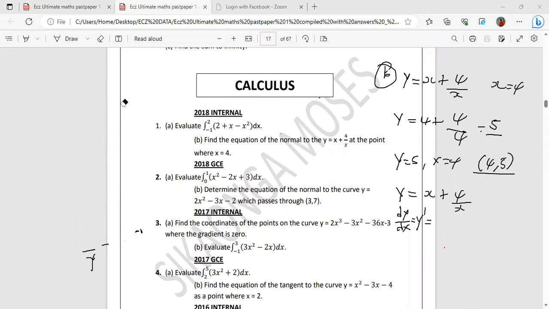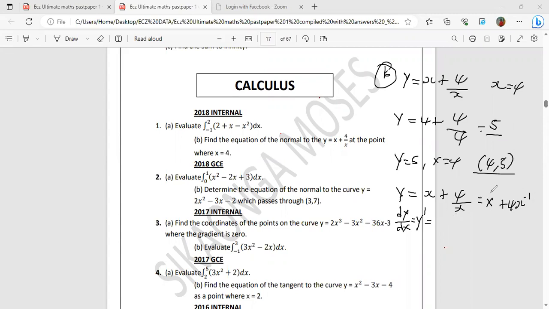So this one is the same as x plus 4x to the power negative 1.